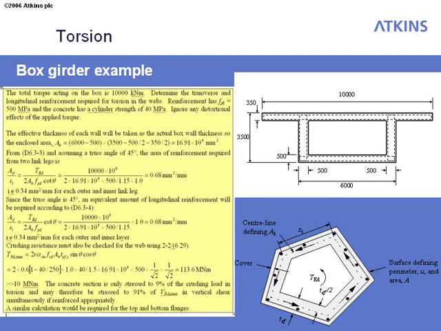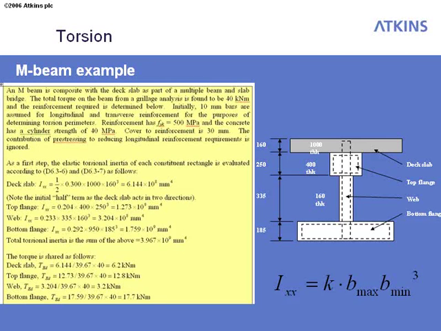So for this load case, we're only using up 9% of the concrete resistance for torsion, and therefore when we come to do the shear design, we can have up to 91% of VRD max in the vertical shear design. That's pretty straightforward, where you've got a physical wall thickness already provided to you.